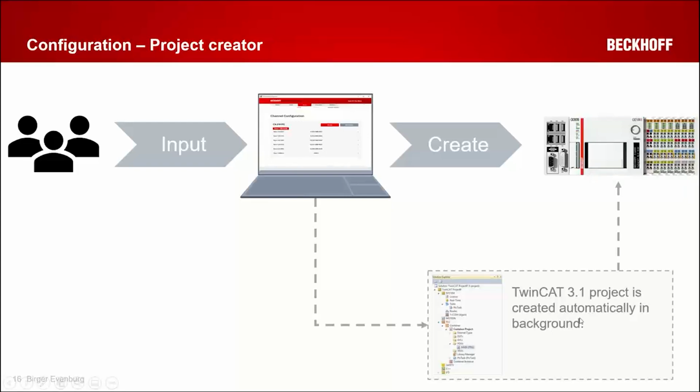Later on, this project can be extended manually. You can open this project directly in the development environment, and you can add, for example, a PLC, or different other C++ objects for more data post-processing, for example, or data reduction.